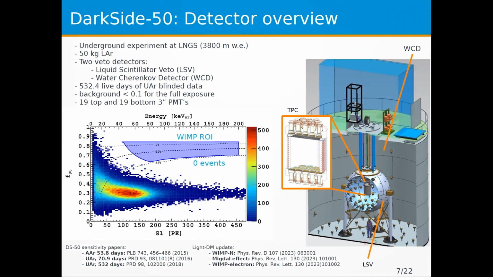The whole detector was viewed from top and bottom by 90 PMTs, and this plot presents more or less what we get after applying all the cuts. So of course, inside the 0.7 band, at this level, we get just 0 events.